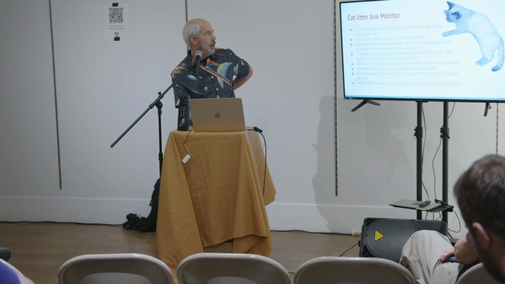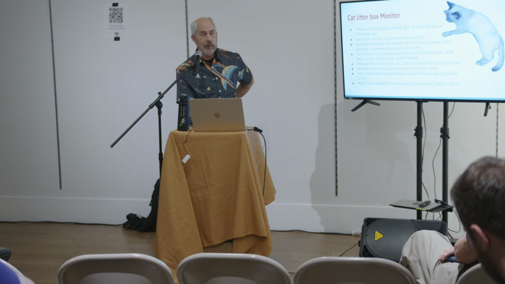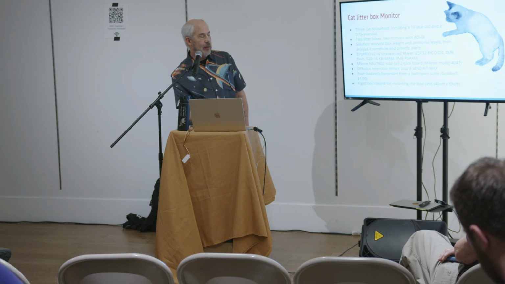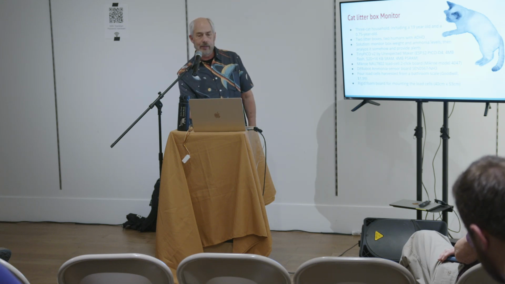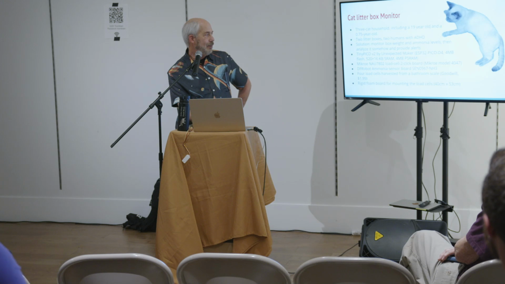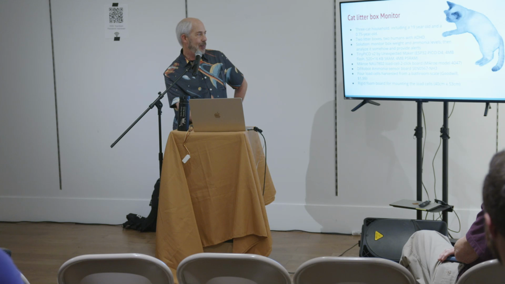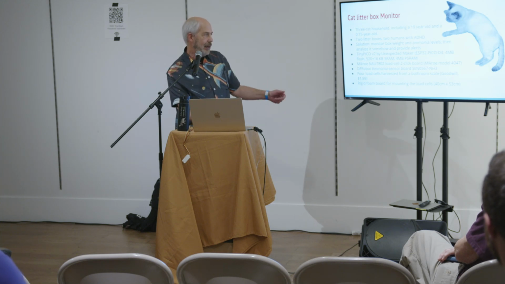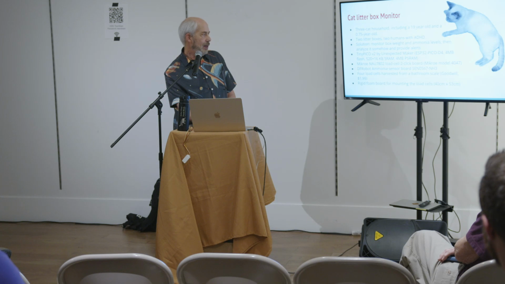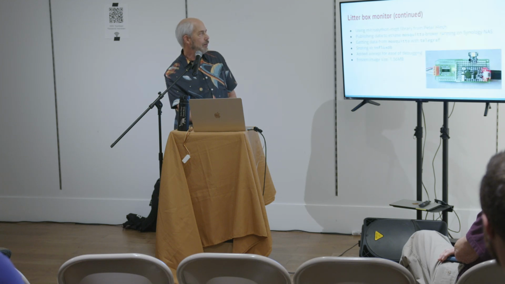A couple of projects I've worked on recently. A cat litter box monitor. I figured an ammonia sensor and a weight sensor, and do something with the data. This is working, I just finished it, I haven't gotten the data yet. But basically, I'm using a tiny Pico ESP32 and a load cell A to D and an ammonia sensor, and went to Goodwill on a Monday and got a bathroom scale for $1.99 and stuck it all together.